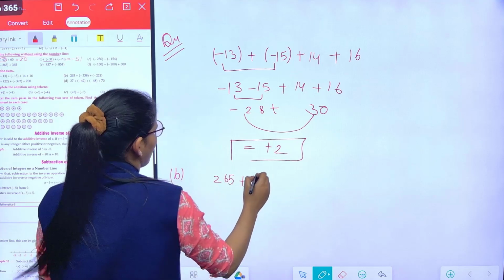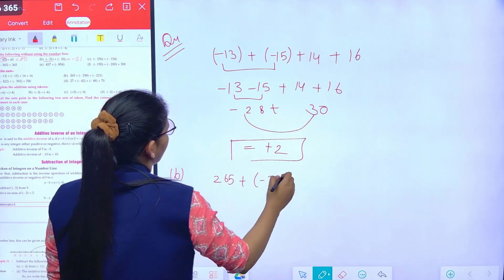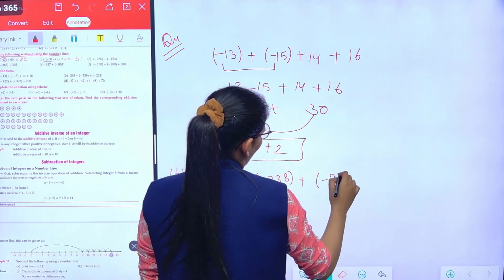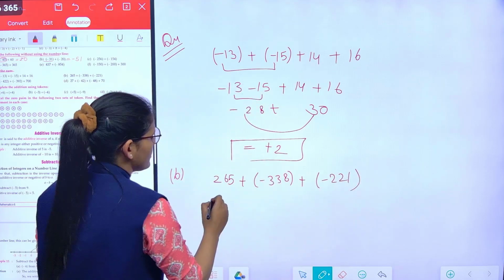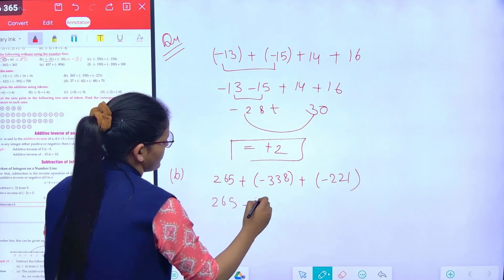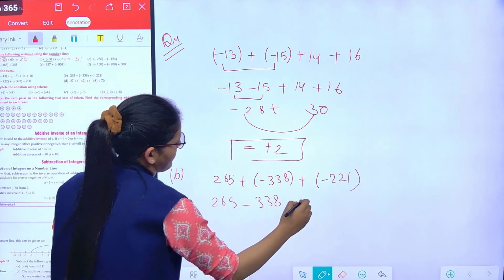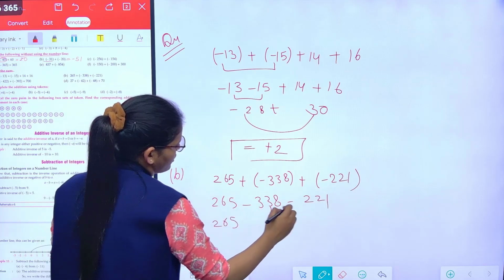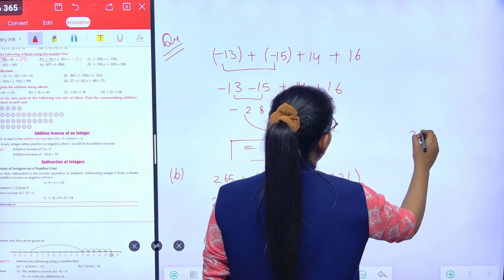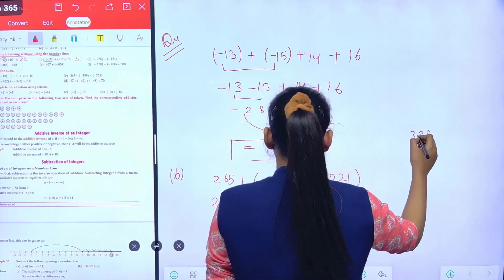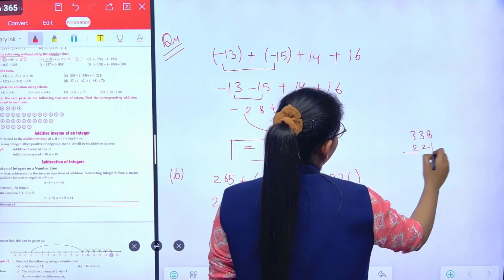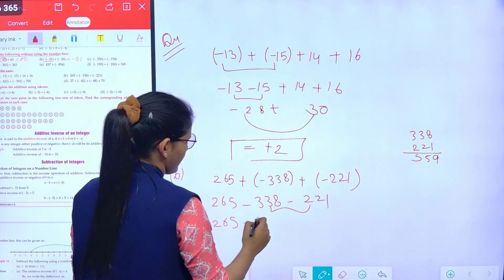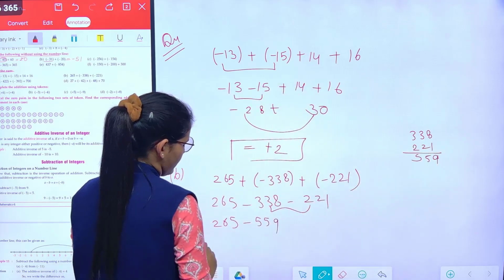265 plus minus 3. 138 plus minus 221. Now class, 265 minus 338 minus 221 265. अब इसको हम ऐड करते हैं 338, now 221, now 95, 559.